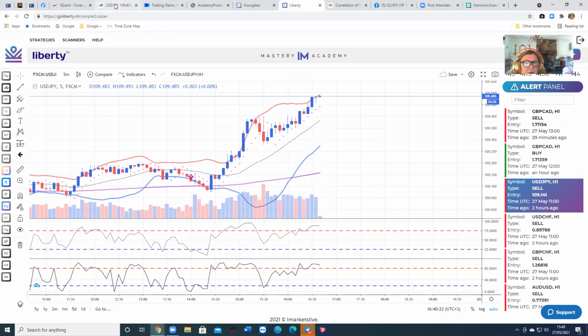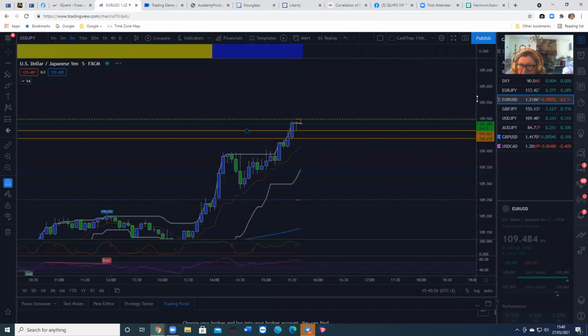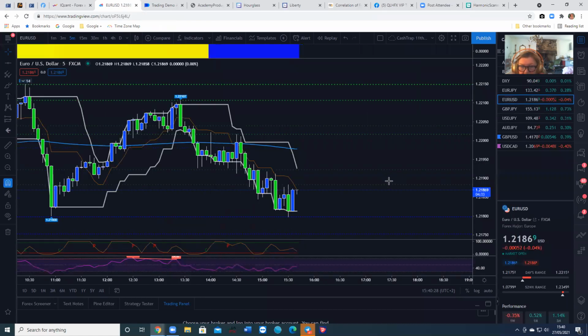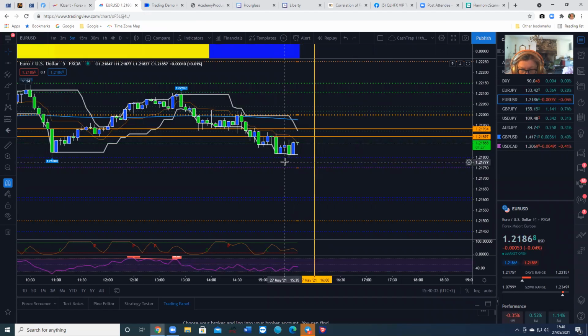I just want to look at what happened on Euro USD. I do like to backtest. So what do we see happening? That was our half hour. It went up, and it looks like it's on its way back up for the hour.